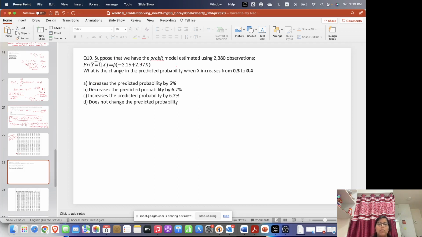Suppose we have the probit model estimated using 2380 observations. So this is my estimated probit model. What is the change in predicted probability when x increases from 0.3 to 0.4? So what is probability of y equal to 1 given x equal to 0.3? That is phi of minus 2.19 plus 2.97 into 0.3.